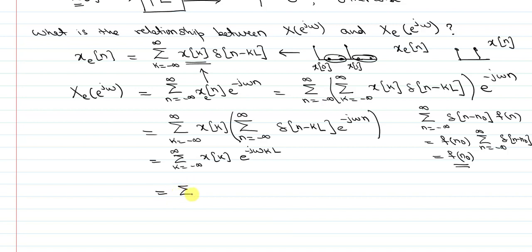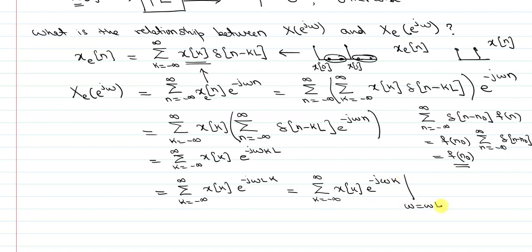I'm going to write it now in the same form, but just rearrange the terms. So I'm going to get x of k e to the minus j omega L k, or I could write this also as the sum over k from minus infinity to infinity of x of k e to the minus j omega k, where I am replacing omega by omega capital L.